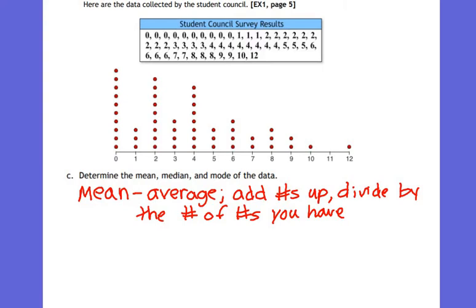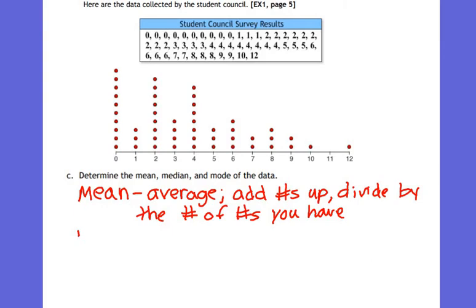That's our definition for mean. It's the average. If you're looking at your average grade, you add them all up and then divide by the number of grades you have. That is average. Okay, that's a definition. You might want to highlight that one.